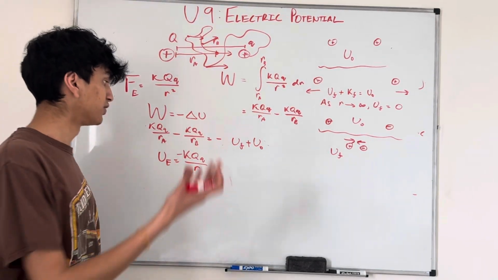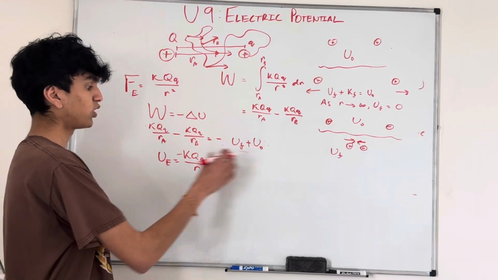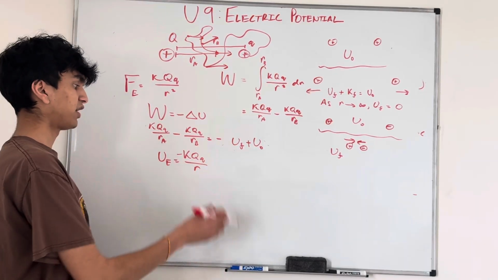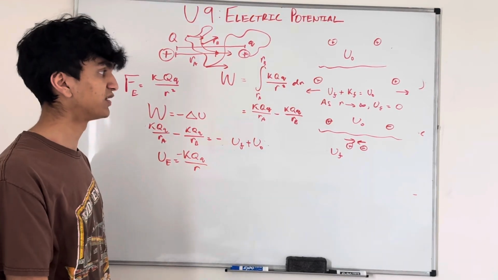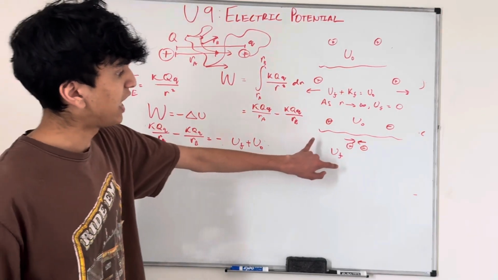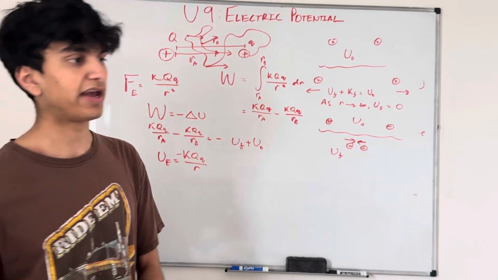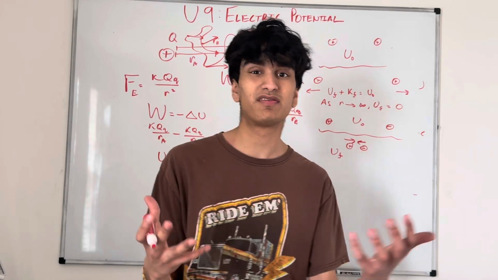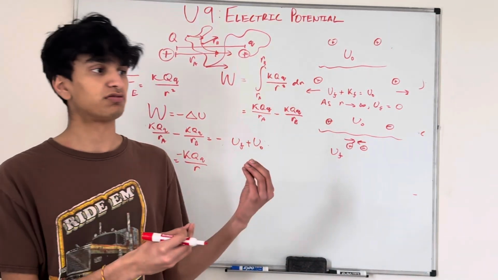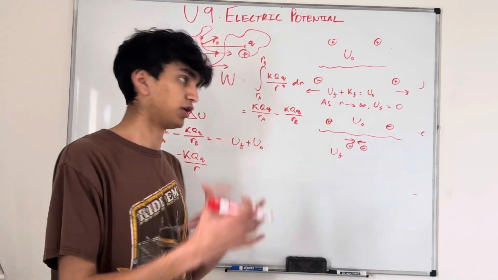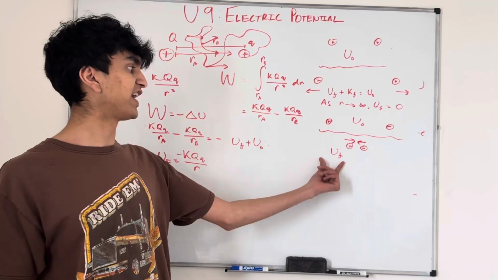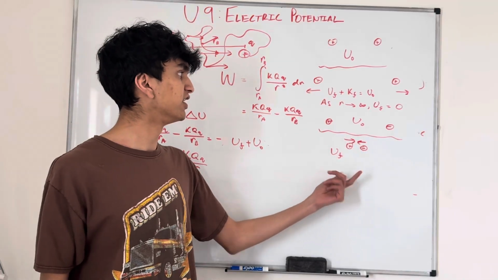That would be true if it were positive, but because one of these charges is negative, it ends up being a negative potential energy, so it became a bigger negative number. When you're dealing with scalars, a bigger negative number is a smaller number. It got more negative, so you have less energy here than you had here.